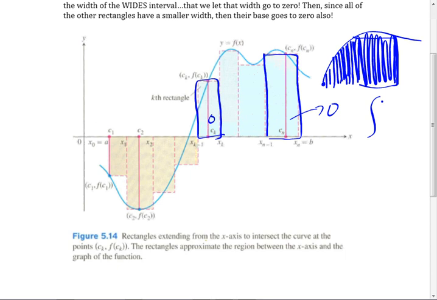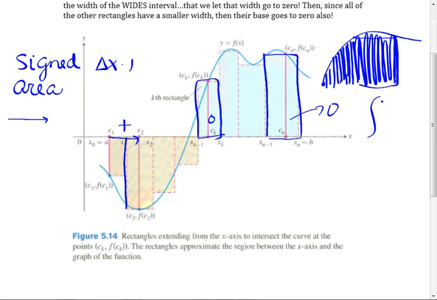Now, this is a signed area. If you have some special places in your notes, you might want to remember that this is a signed area. So if I read left to right, that's a positive delta x. But what's my y-coordinate, which is the height of my rectangle? Because remember, it's delta x times f of x. In this situation, f of x is negative, so you can get a negative area.